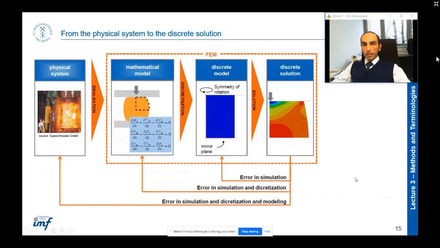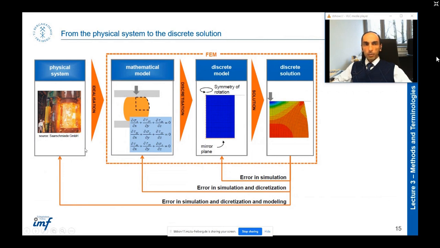So I said that finite element is really good compared to the analytical approach, but still some errors come into the calculation. So how does the error come? This is the process we have in the finite element method. This is the physical system or the reality.